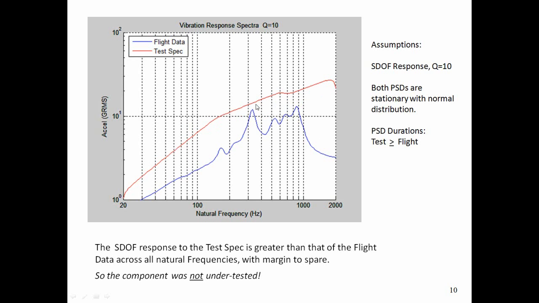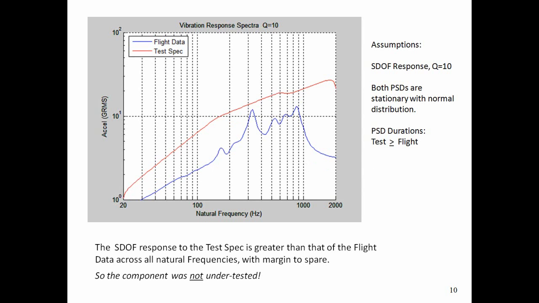Well, in that case, as long as the red curve is higher than the blue curve over our estimated bounds of whatever the natural frequency bounds are, then we can say we're good. Now, in this case, it's pretty easy because the red curve envelops the blue curve across all natural frequencies.